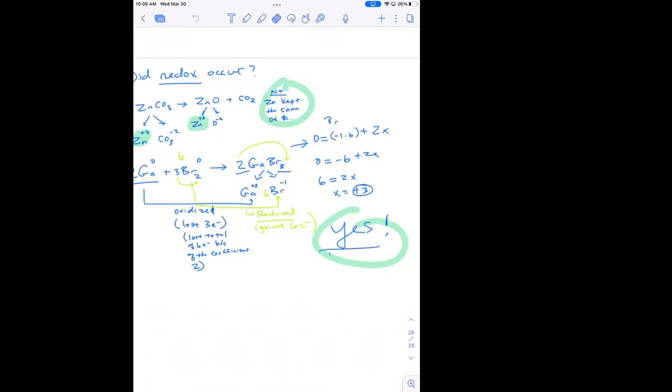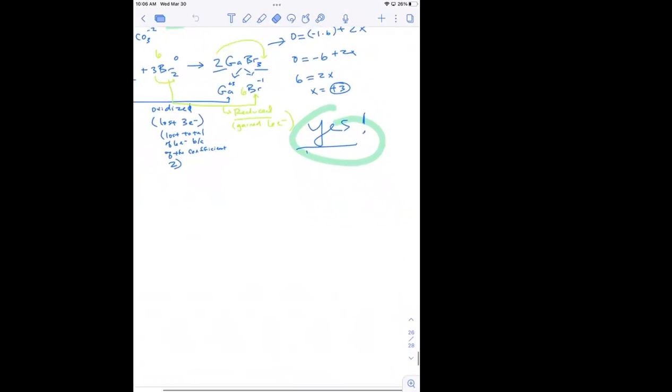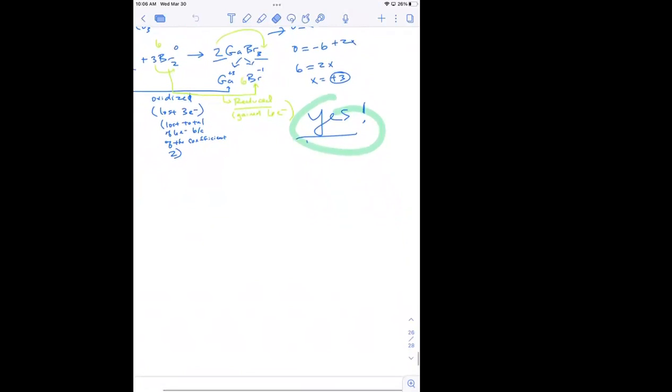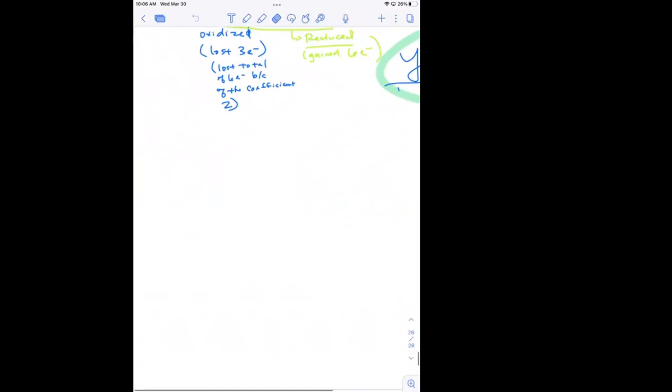If nothing changes oxidation states, then no redox has occurred. So let's look at one more of these examples. We did the zinc carbonate one, we did gallium. We're going to do one more and find out whether or not this is actually a redox reaction.